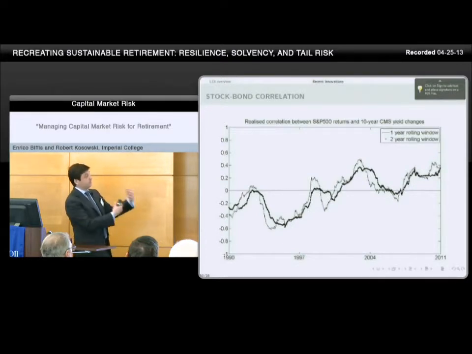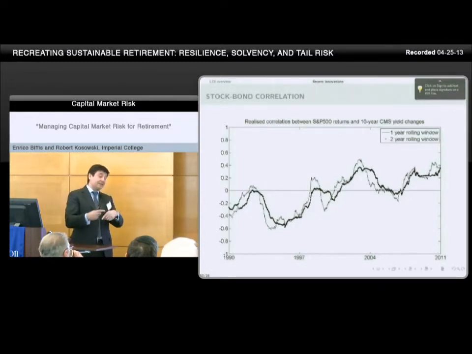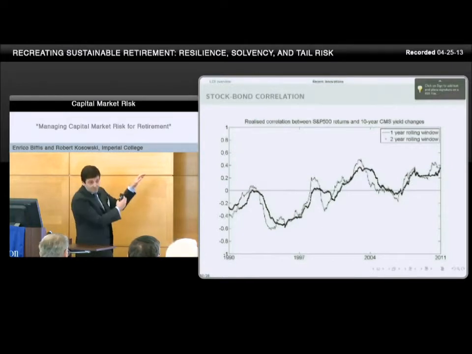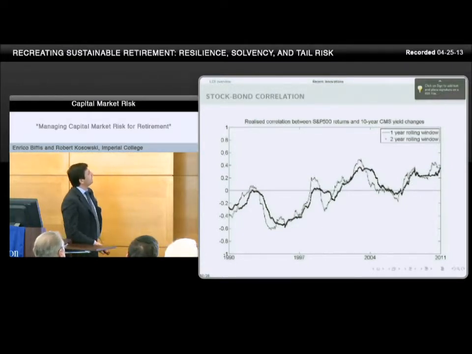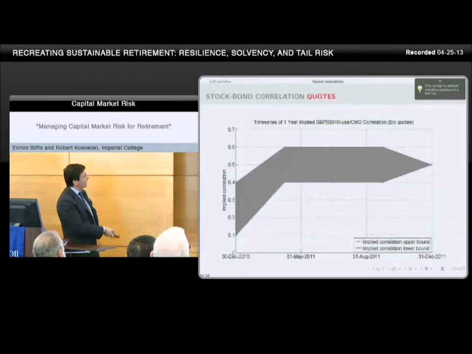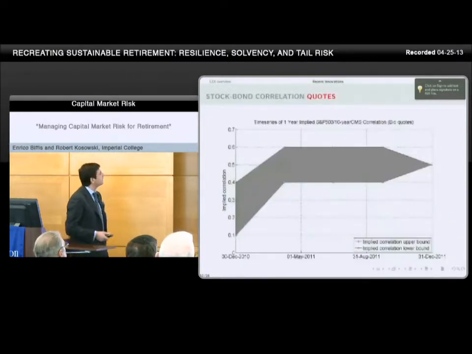Vice versa, if you're worried about the bond bubble, one of these instruments can help you hedge in case exactly the opposite happens, with people moving away from bonds and into equity. Here are some quotes. We did some work with an investment bank on these instruments, and all this innovation was spurred by LDI demand from some pension funds.